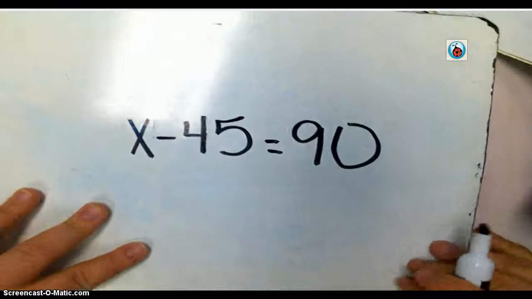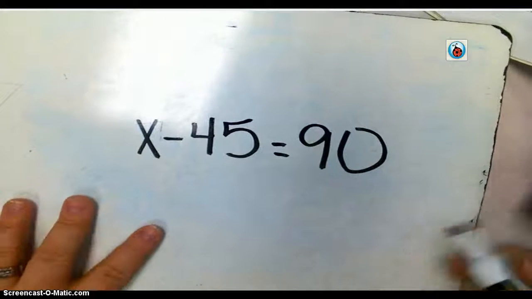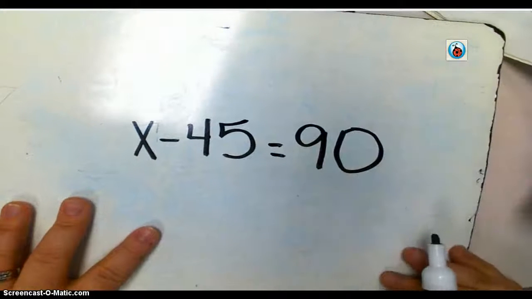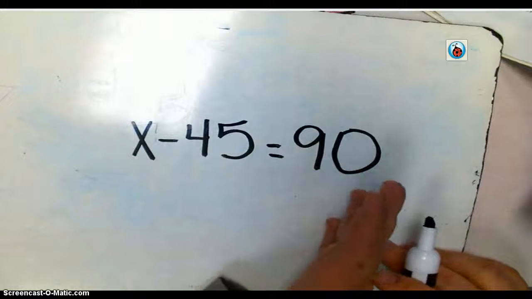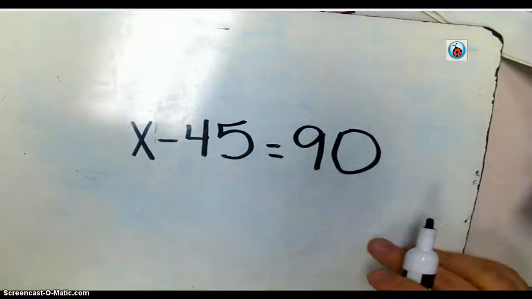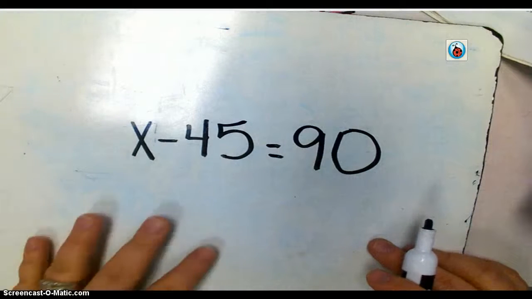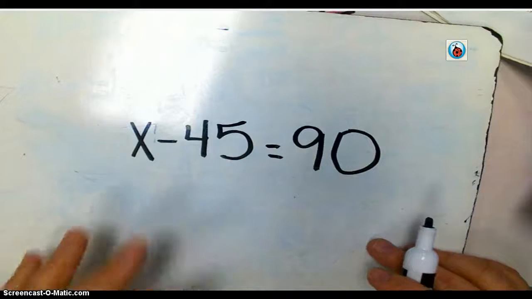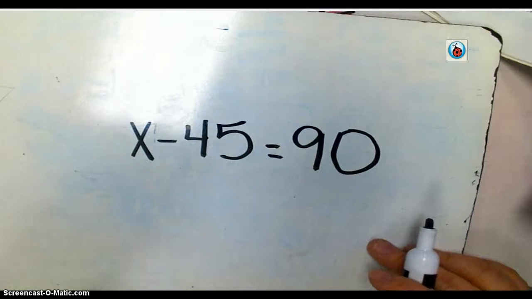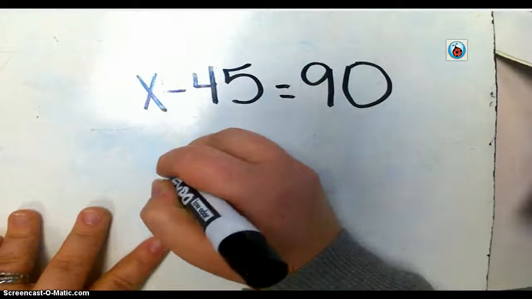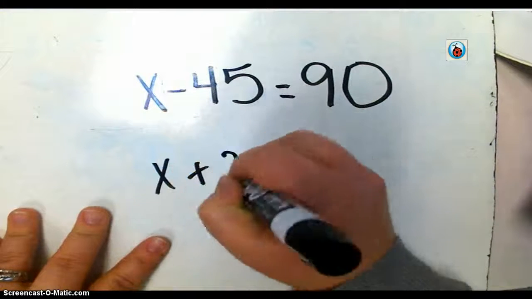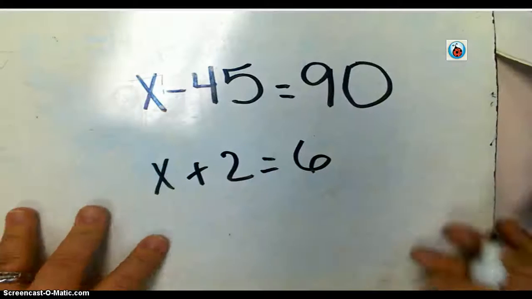Okay? And a lot of us, if we really thought about this, we could figure it out, right? A number minus 45 has to equal 90. In our math, we have kind of learned to do this on a small scale where they might say x plus 2 equals 6.